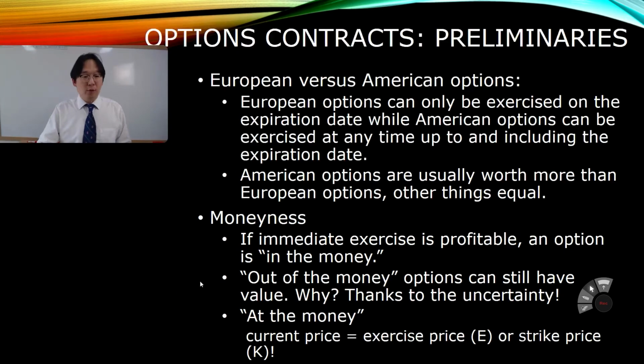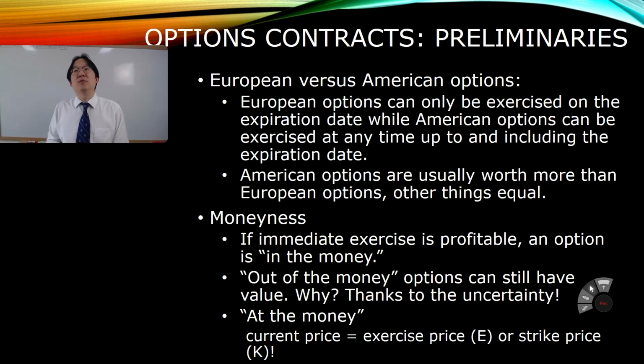let's go back over here. Out of the money options: for this part, I need to go to a diagram later on. An out of the money option at the expiration date has a value of 0. But before the expiration date, the out of the money option is not completely 0 at all. It is slightly positive.